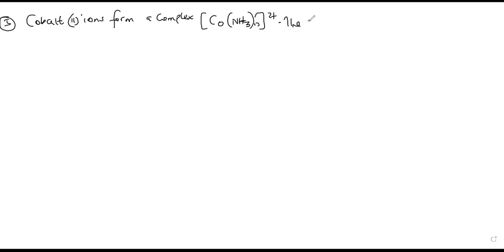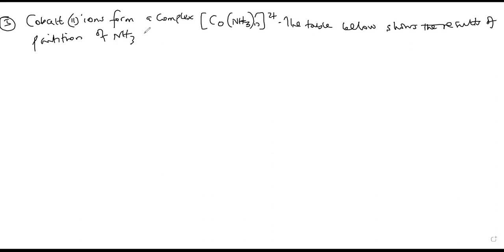Okay, so the table below shows the results of partition of ammonia between 0.1 molar cobalt 2 sulfate and trichloromethane.